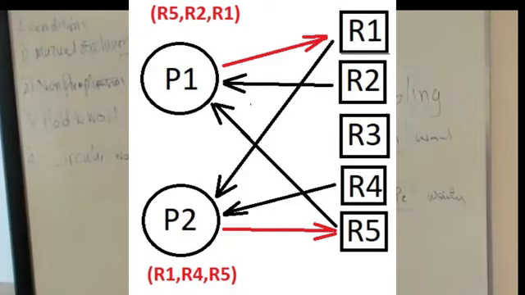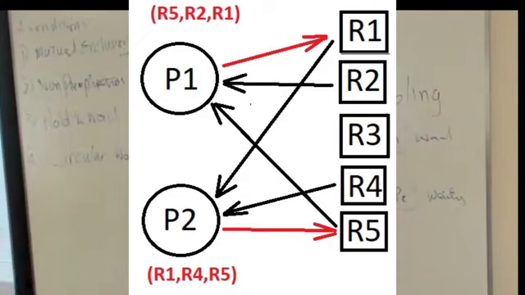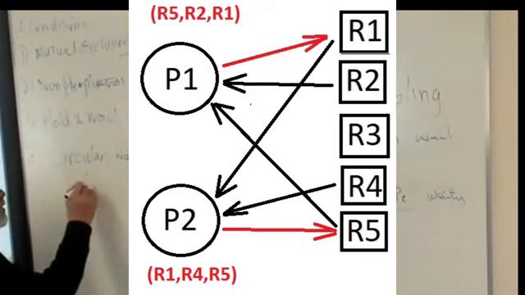How can we stop the deadlock from happening? They said, let's eliminate circular wait. How can we stop circular wait? There's a simple idea. The simple idea to stop a circular wait is to order all the resources.